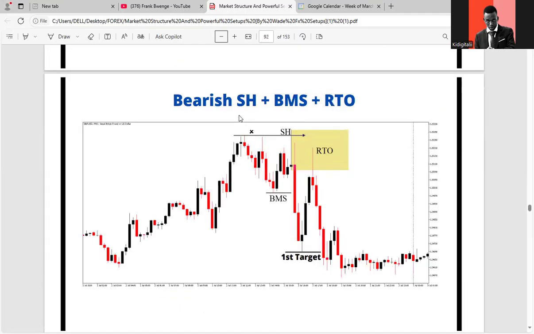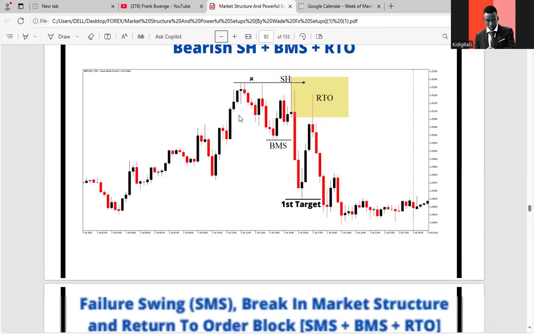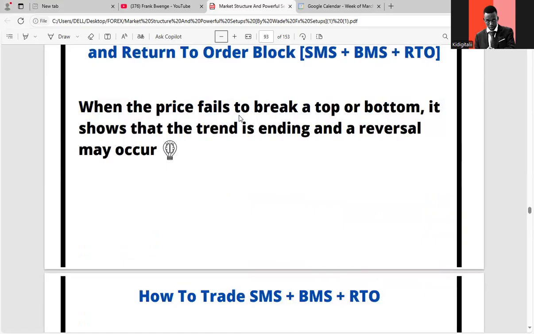Very easy. Likewise, here you can see we had our stop hunting above, the price went up, then it came down, and it created BMS. Some people call it change of character also, the same. Then we could wait for the price to return to the order block. This is very, very simple.